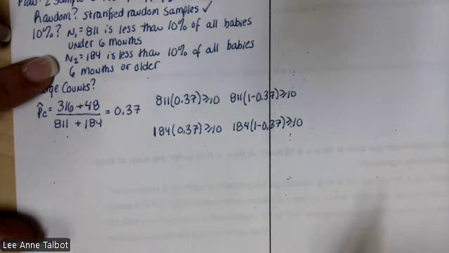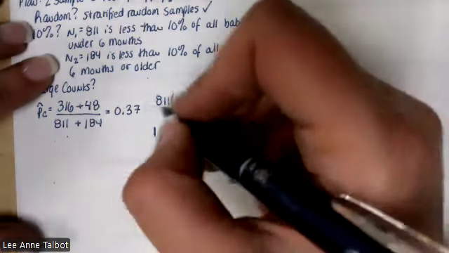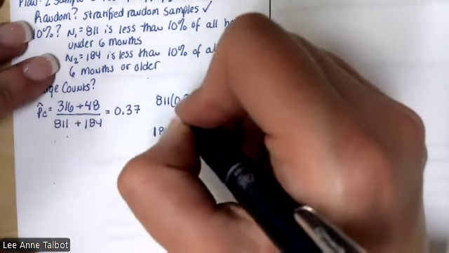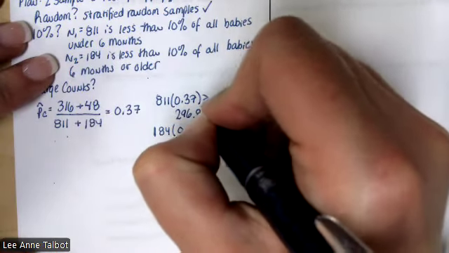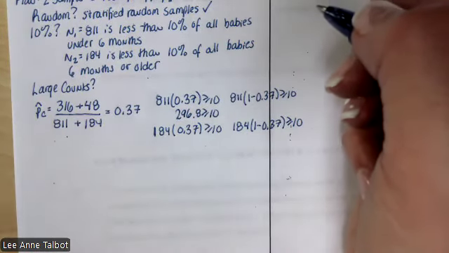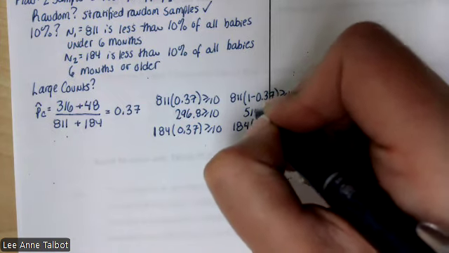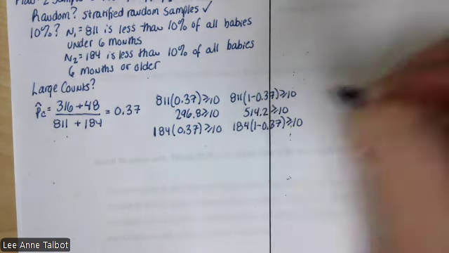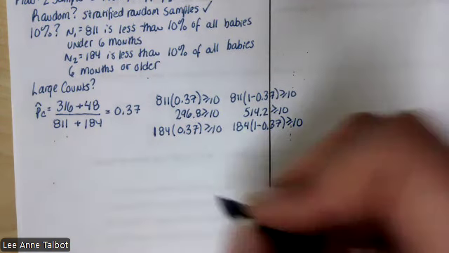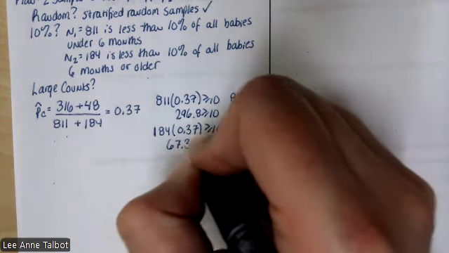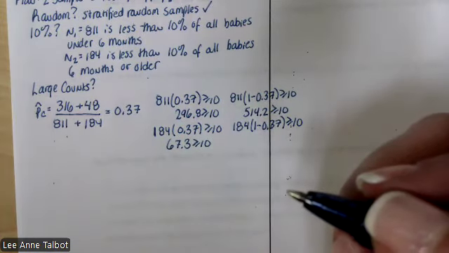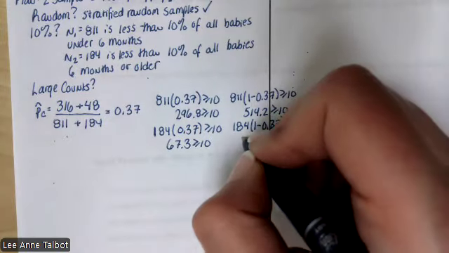Do you guys trust my previous mathematics? So this one is 296.8. This one is 514.2. This one is 67.3. And this one is 116.7.